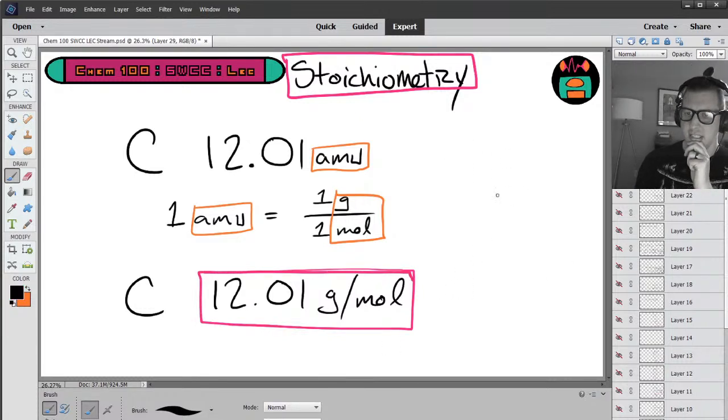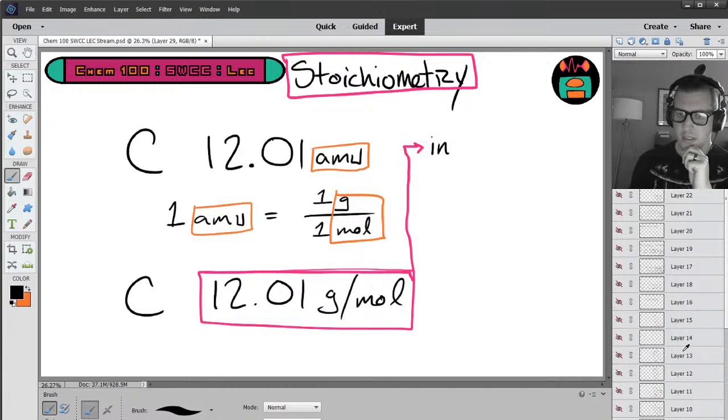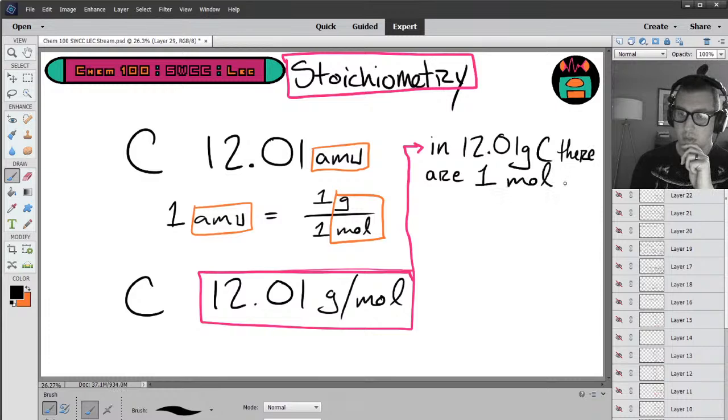What this means is that in 12.01 grams of carbon, there are 1 mole of carbon atoms.